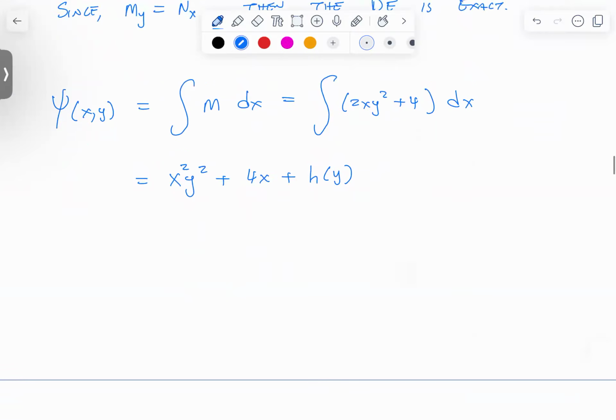Do the integral to find psi, then take a partial with respect to whichever variable is opposite of the one you integrated.